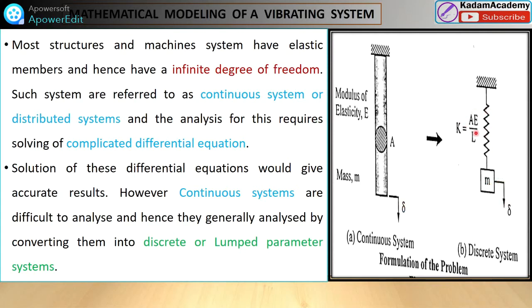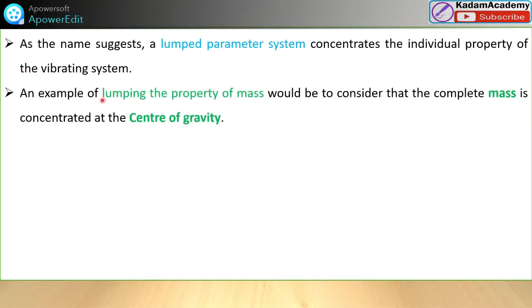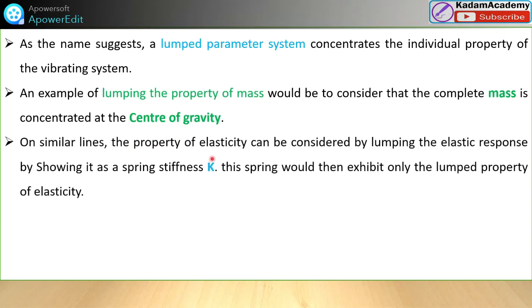Here the lumping property of mass would be considered as the complete mass concentrated at the center of gravity, and on similar lines the property of elasticity can be considered by lumping the elastic response. So what we have done here is just converted this system into a simple one.